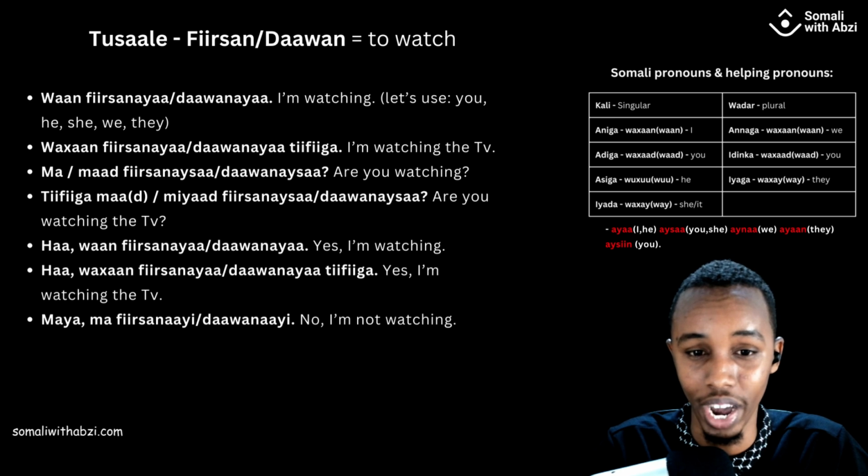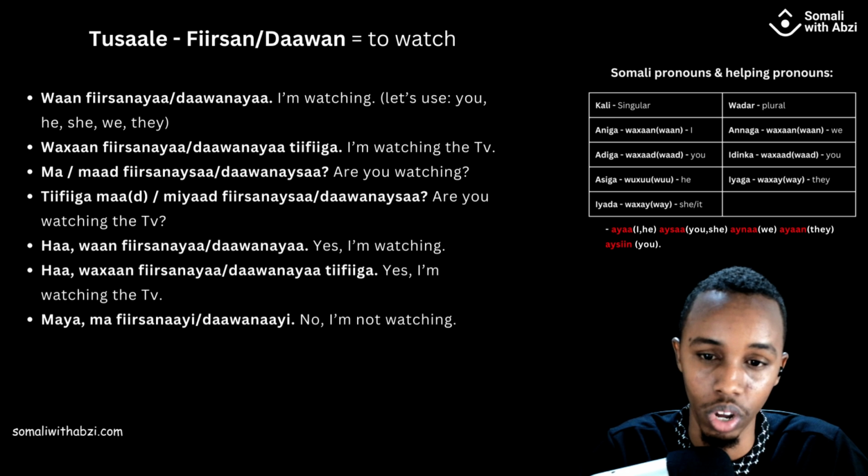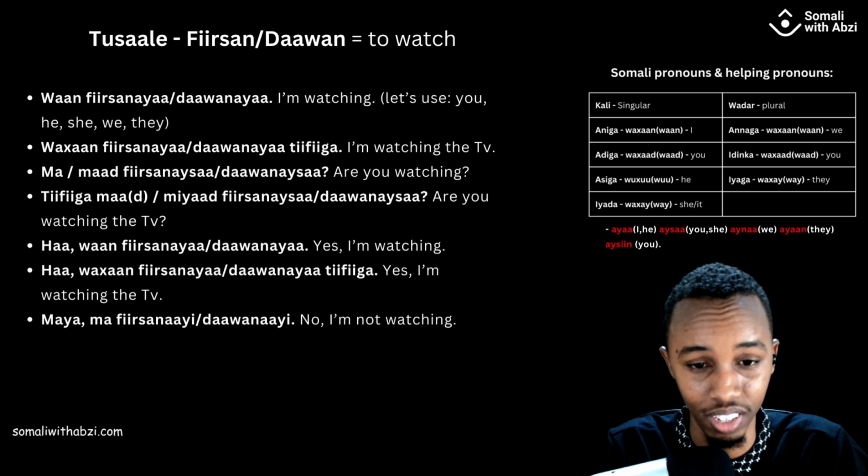The next section is waxaan fiirsanayaa or waxaan daawanayaa TV-ga. That's a complete sentence. So you're also going to do that. He's watching the TV. She, we, you, they. For questions, we need to use the question word ma or mad. So ma fiirsanaysaa TV-ga or ma daawanaysaa TV-ga? Or for a short question, are you just watching or are you watching? Ma fiirsanaysaa?